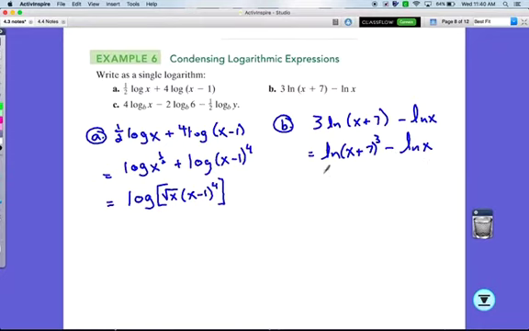And since you see subtraction, that turns into division. So x plus 7 to the 3rd divided by x. If you want to put a big bracket around it, you can, to make sure that I know that that's all inside the natural log.